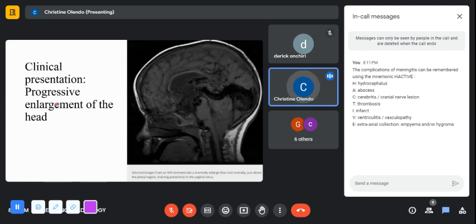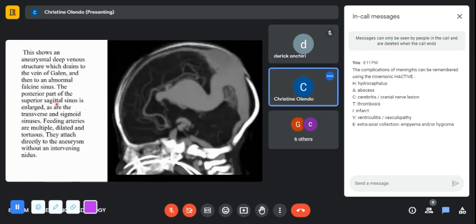So you have the tributaries directly to the venous anomaly. You can see those tributaries. Yes, the smaller ones that go directly to it.